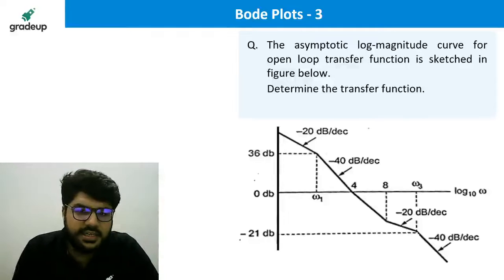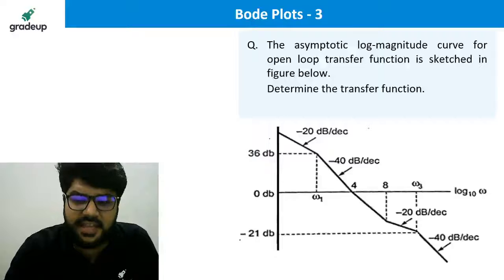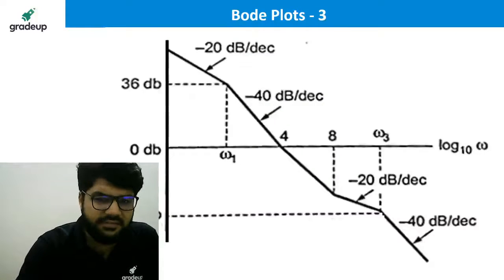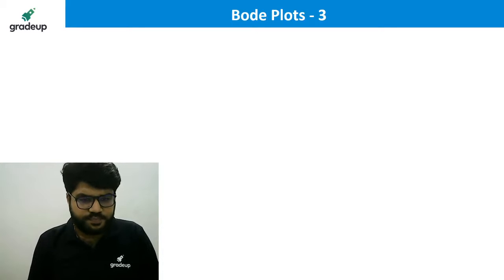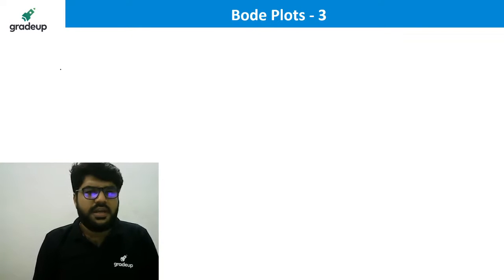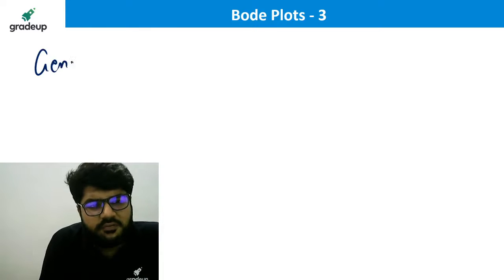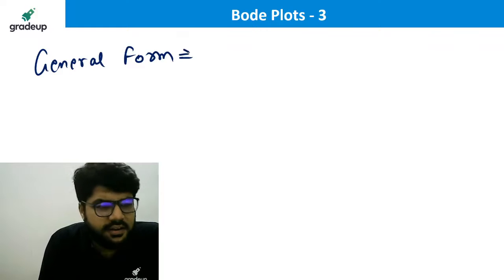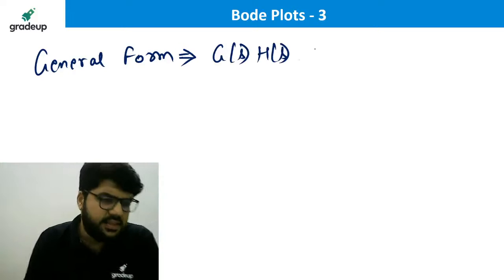All right. So how to get the transfer function? Now understand the theme of this question. We'll understand the given Bode plot. So in general, write down the general form of the transfer function first of all and then see what is required. Understand everyone, one question let us understand and then you will solve the rest.